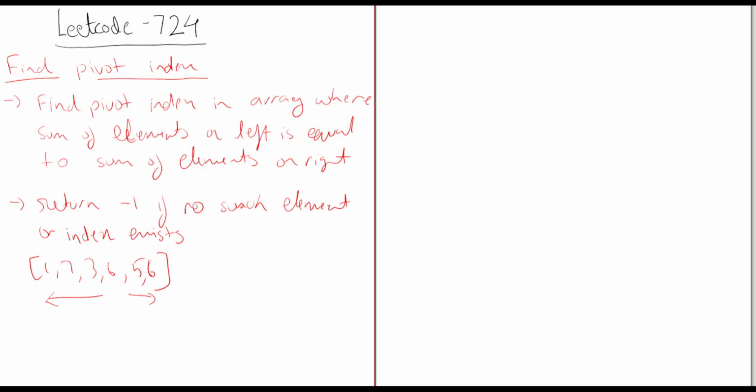For example, in this array, if we look at this index right here, sum of elements on left is 1 plus 7 plus 3, which is 11. Sum of elements on the right, which is 5 plus 6, which is 11.